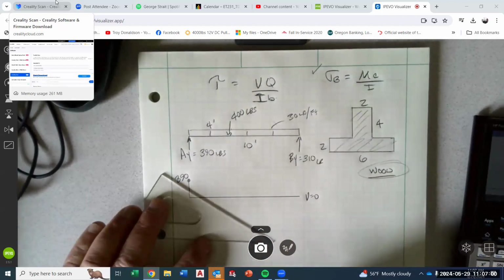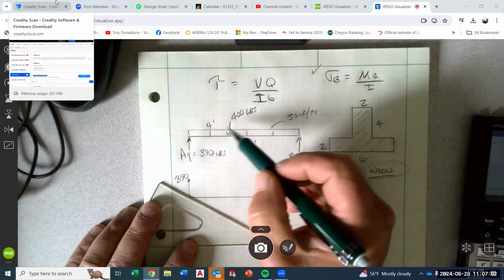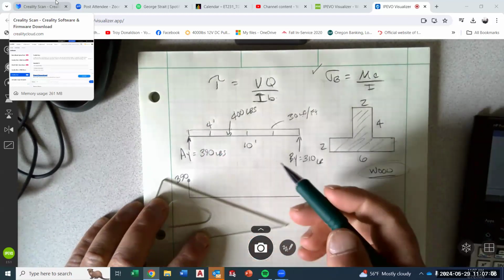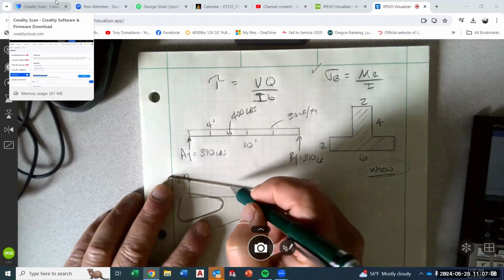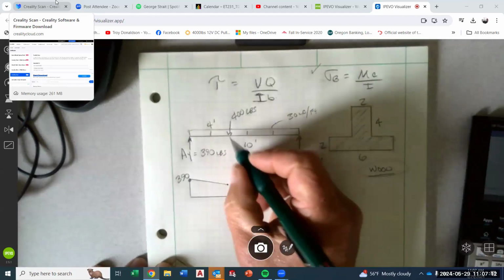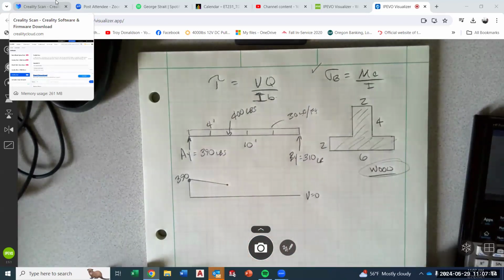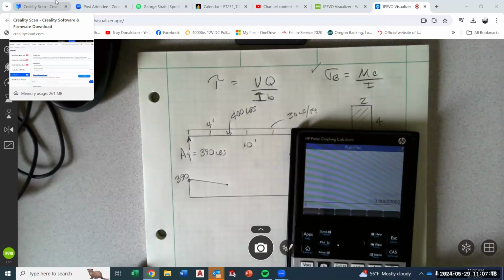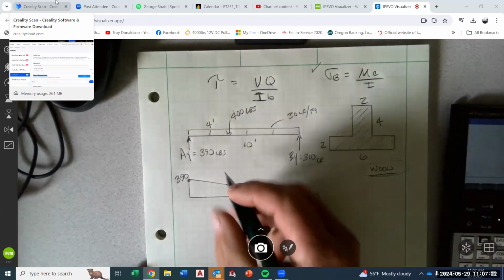And then it comes down 30 every foot, so 30 times 4 is 120. So it comes down a little to the 400 here. I'm just going to make sure that I don't make any mistakes. Looks like 270.